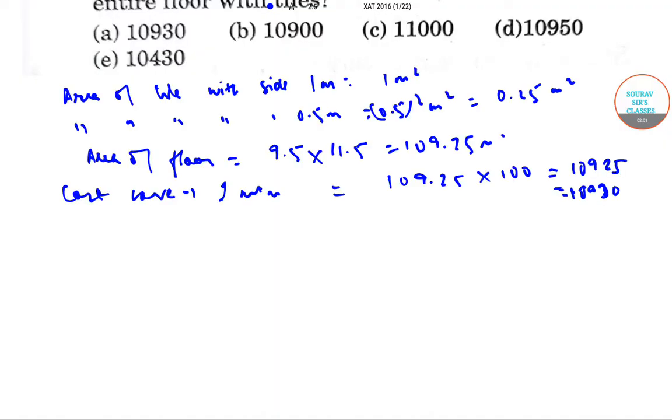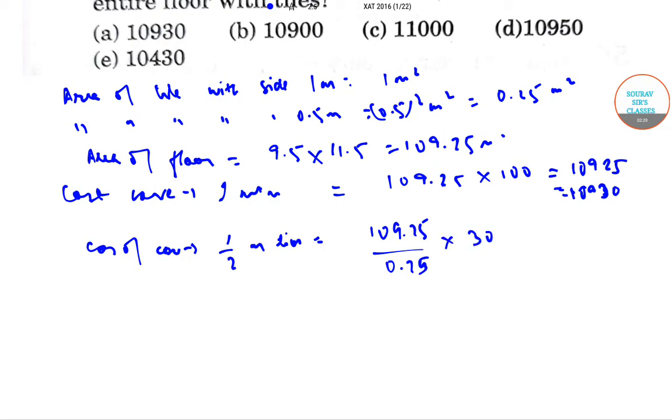And cost of covering with half meter tiles is equal to 109.25 by 0.25 into 30.